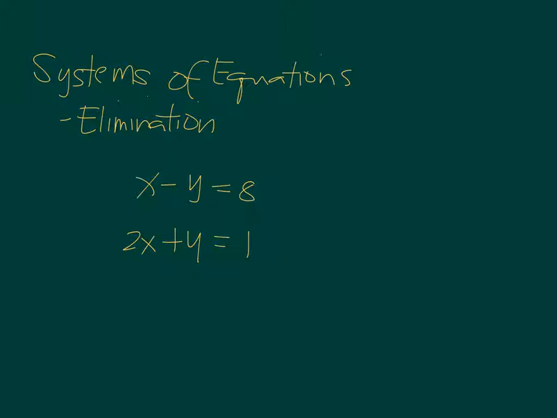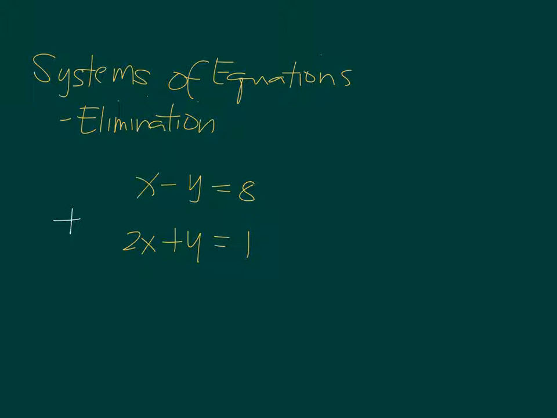Okay, so by inspection, if you look at the first equation, you have minus y and plus y on the second equation. So they're exactly opposite of each other. And that's telling us that if we add the two, then we get to eliminate the y immediately.